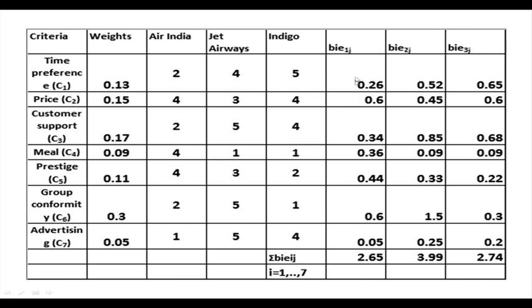This is the column for Air India, this is the column for Jet, and this is the weighted scores for Indigo. Now, here we get the composite sum of sigma Bij. So, we talk about first sigma Bi Eij, I am sorry, Bij, where j runs from 1 to n.